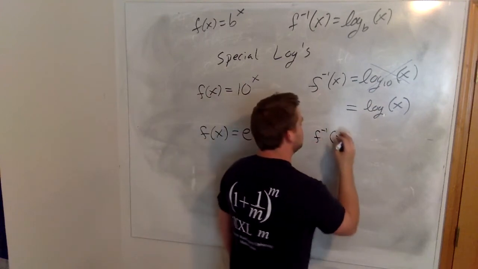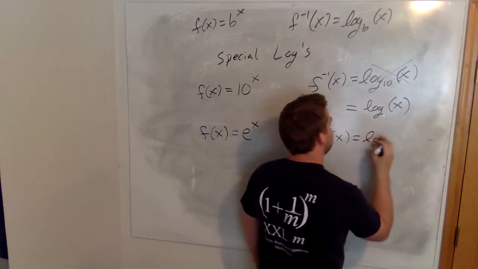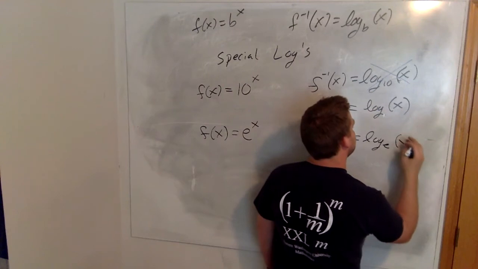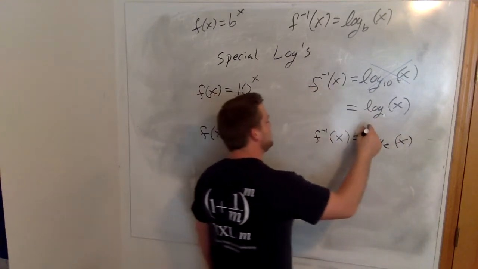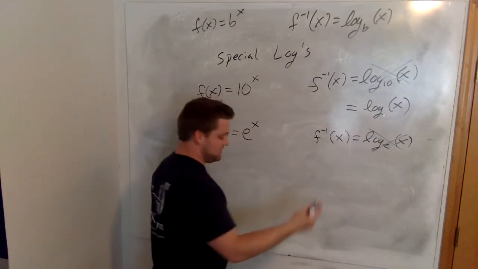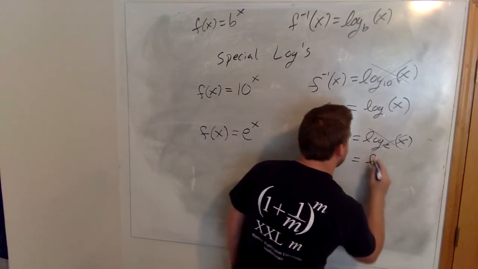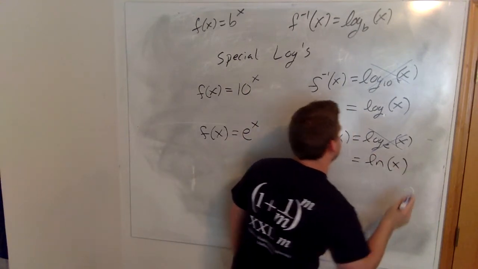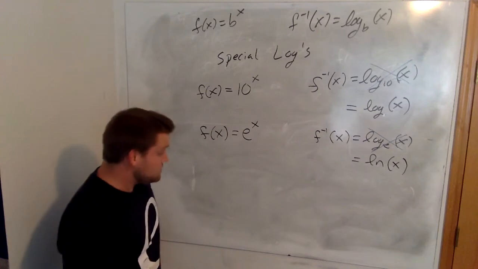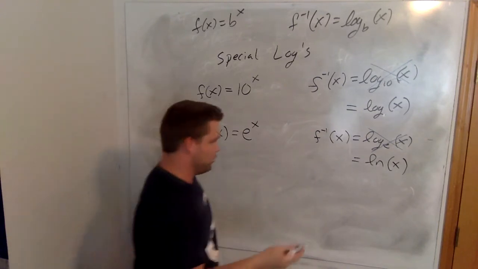When we think about its inverse, we would write log base e of x. But since it's so common, we usually don't write log base e. We just write ln of x. So this means natural logarithm, ln.